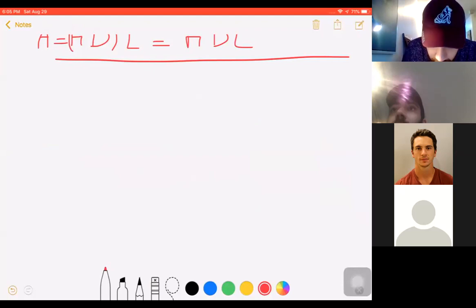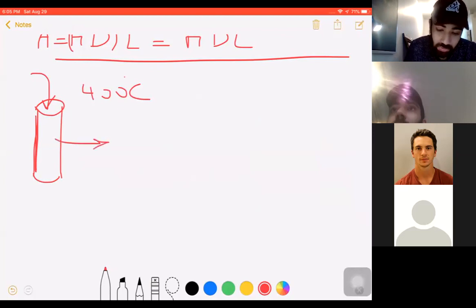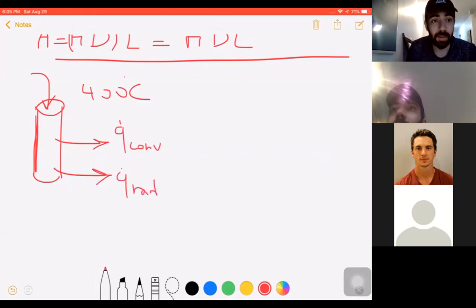I only show the cylinder tip of this soldering iron. So the question is, what amount of power should I put in so that I can keep the surface temperature of the tip at 400 degrees Celsius, because it is losing energy in terms of convection and radiation. So I have convection, I have radiation, and I have an input energy term that should be calculated.